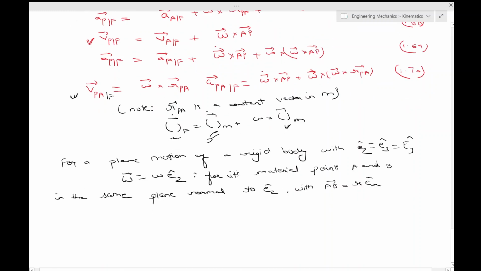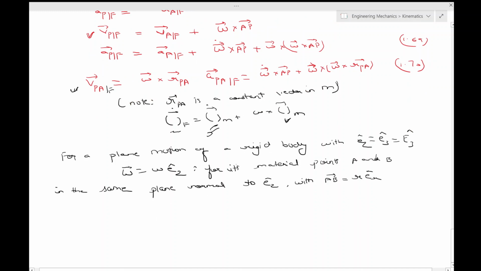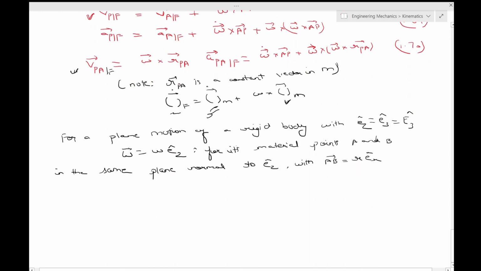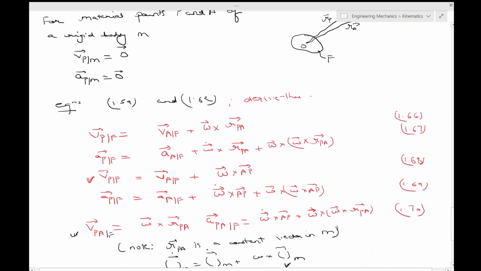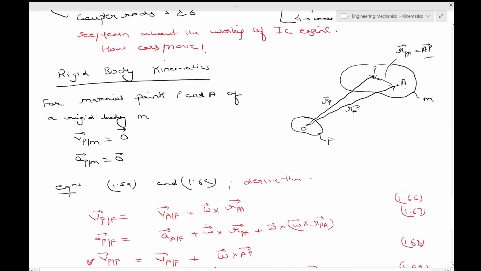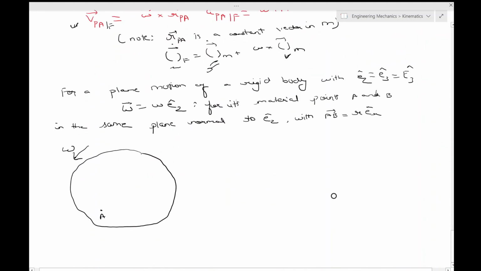Let me show that over here. Let me draw this M over here. This is clearly having omega. So the point A is over here. This point A is now my base, and then I draw the X and Y axis, because it's a plane motion.